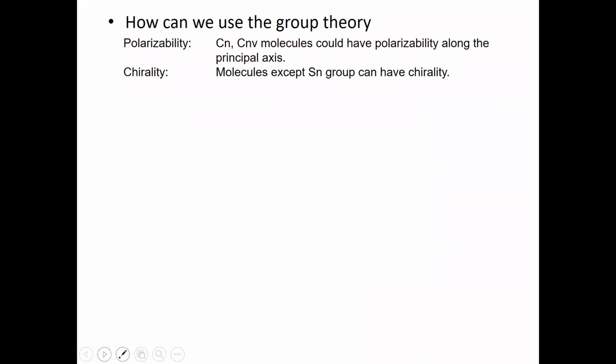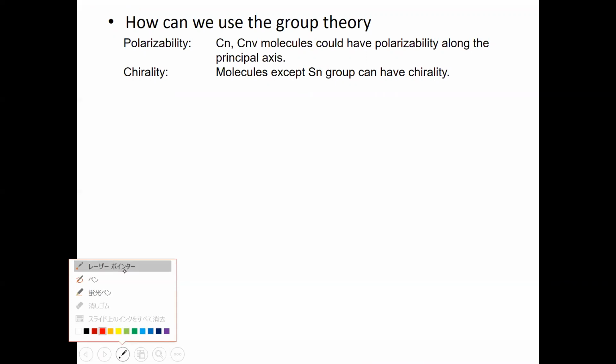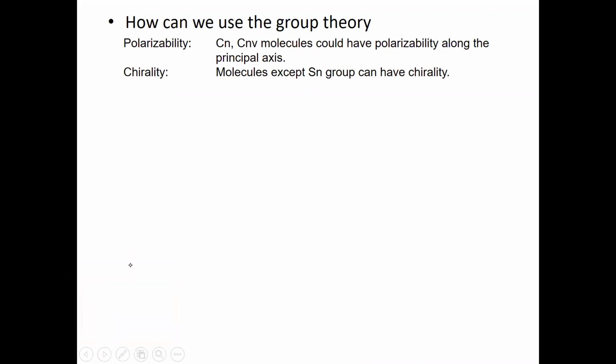So what kind of information can you obtain from group theory? Here are some examples, and you don't have to understand them very strictly. One example is the polarizability of molecules. Just by categorizing the molecule, molecules in Cn or Cnv could have polarizability along the principal axis, right?